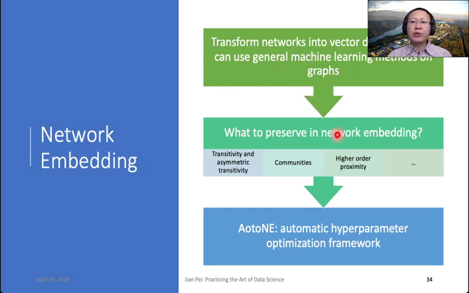So you need to preserve something in your embedding, in your transformation. Then we have different things that can possibly be preserved. For example, the transitivity and symmetric transitivity, the communities, the complexities, and the higher order proximity. Those are just some possible options.